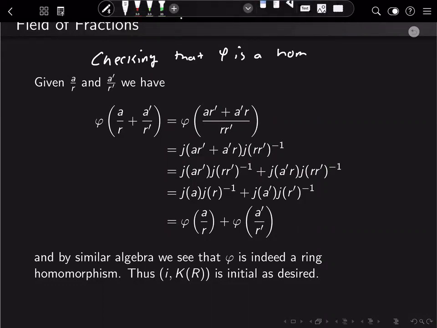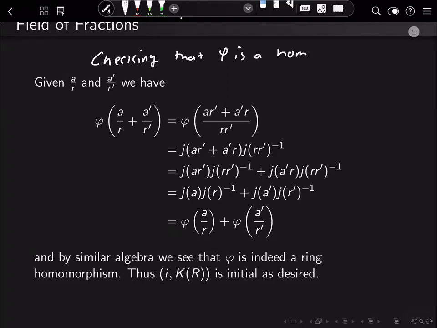We sum these together, and when we apply phi, we get J of A R prime plus A prime R times J of R prime inverse. And then we do some algebraic manipulations, and we obtain that phi of A over R plus phi of A prime over R prime is equal to phi of A over R plus A prime over R prime.